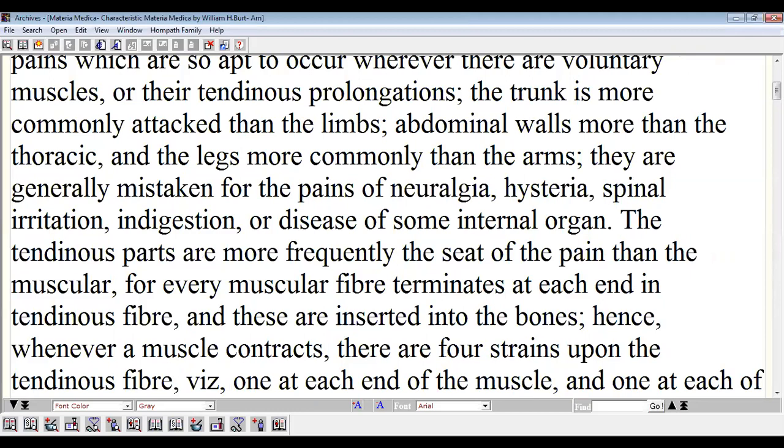The trunk is more commonly attacked than the limbs, abdominal walls more than the thoracic, and the legs more commonly than arms. They are generally mistaken for the pains of neuralgia, hysteria, spinal irritation, indigestion, or disease of some internal organs. This is how initially the sphere of action is given.